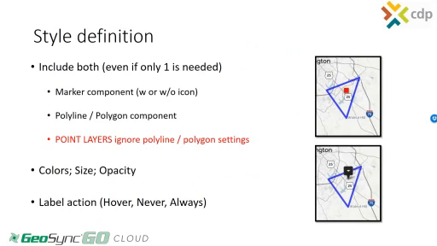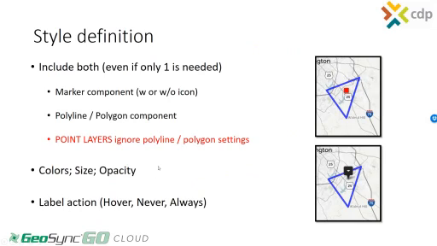As an example, with a point layer, if you were going to symbolize your water valves, you don't really need any kind of a polyline or a polygon component, but the style that you design will have that. It will be ignored by the feature when it's drawn. But whenever we design a style, both of those components are present.